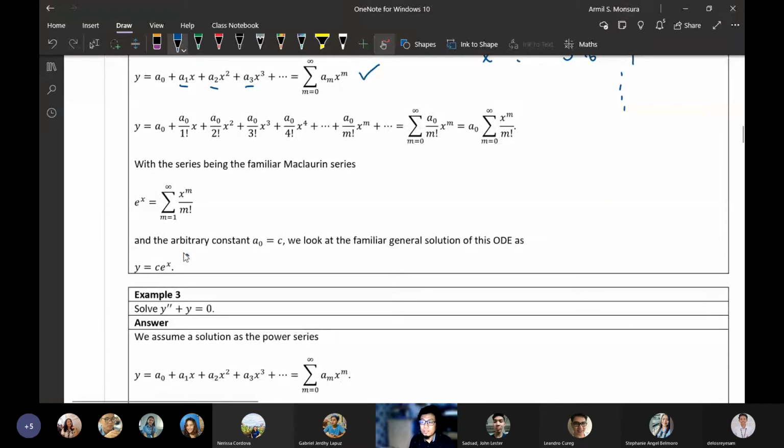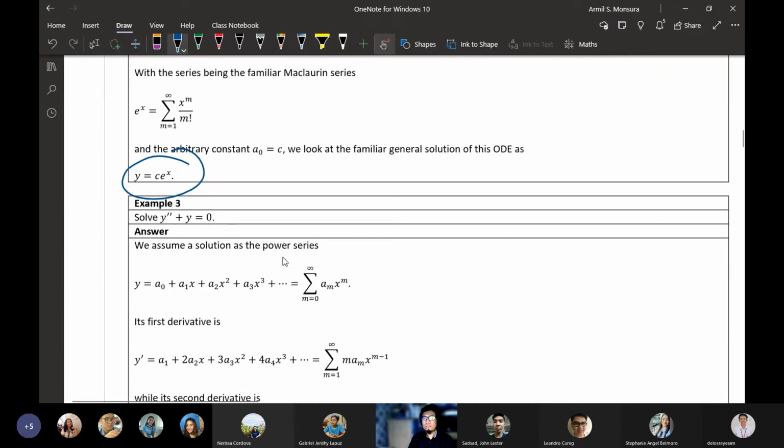And then simplify the solution. Okay? Is this clear? Now, let's try to work out another example, no?